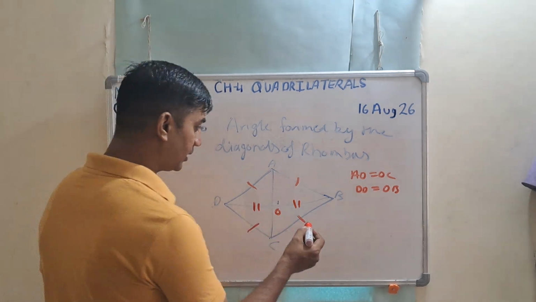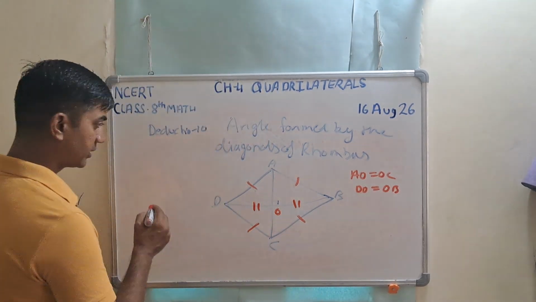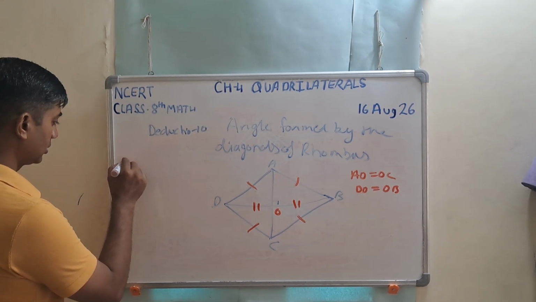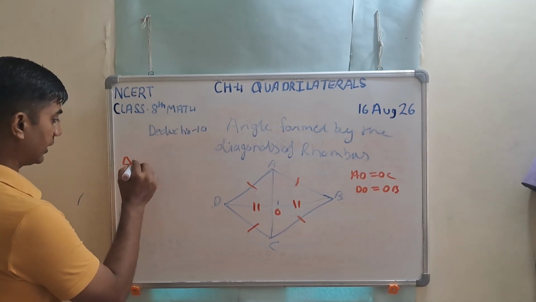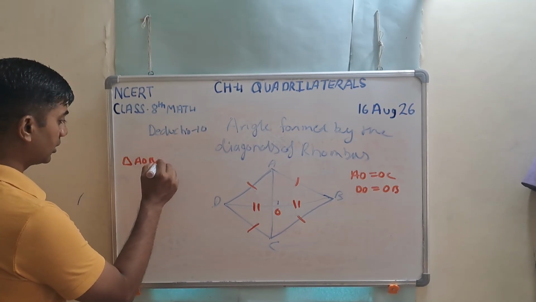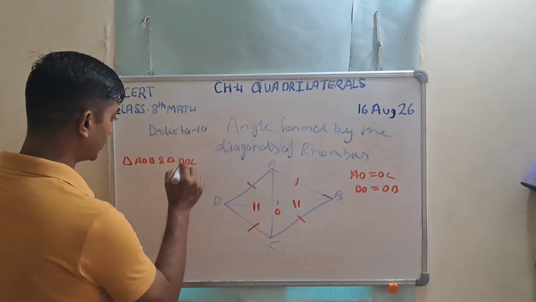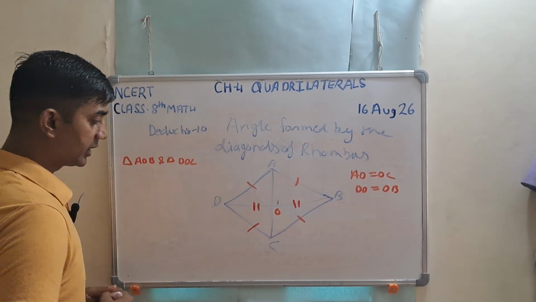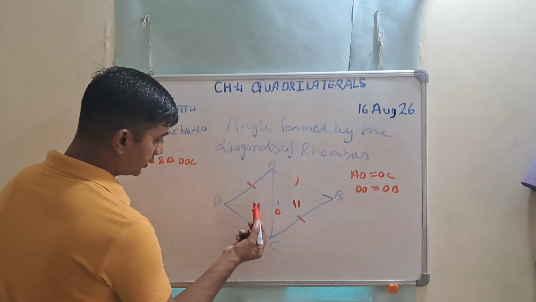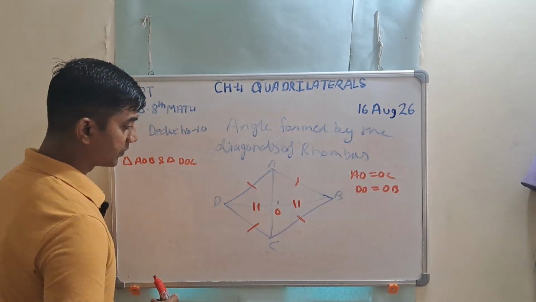If we take the triangle, let's write here, triangle AOB and triangle DOC, what we can conclude is that this is equal to this.